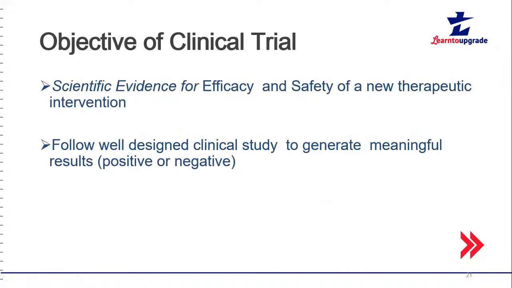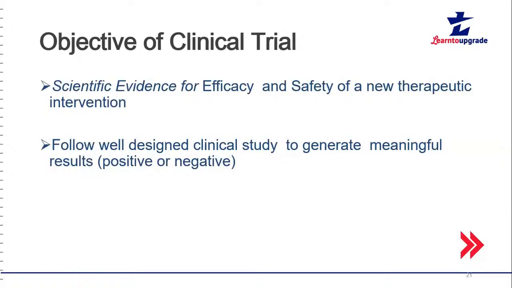Okay, now moving to the objective part. So what is the objective of a clinical trial? Basically, there are two main objectives. First is to get scientific evidence on the safety and efficacy of a new therapeutic intervention.